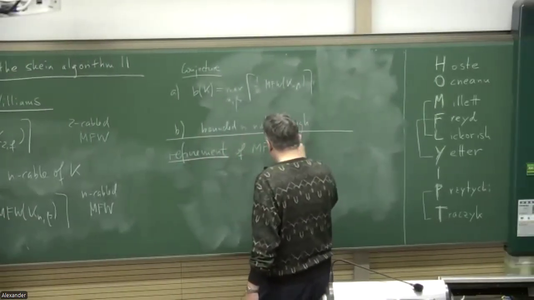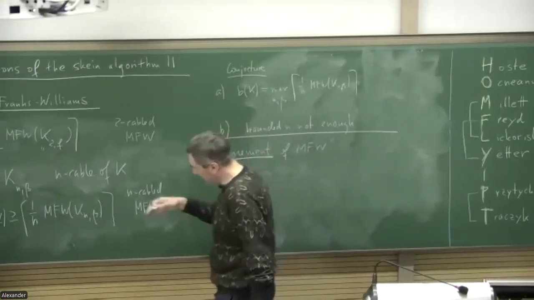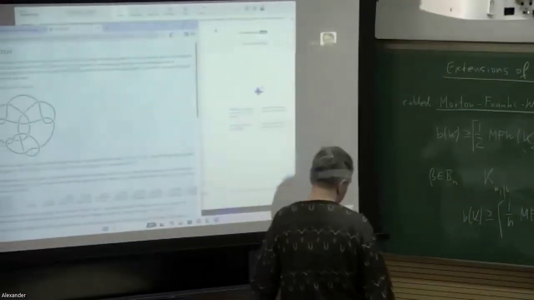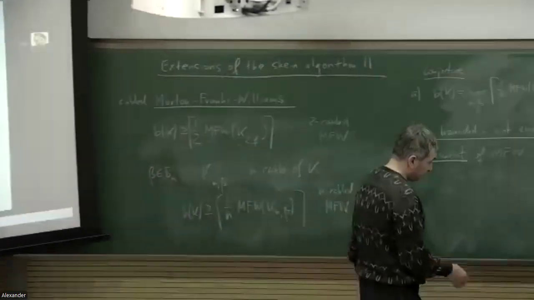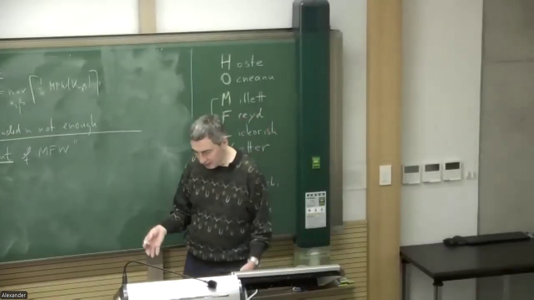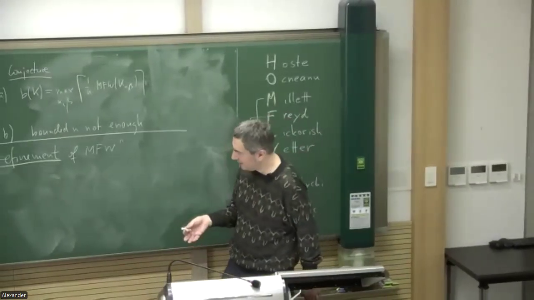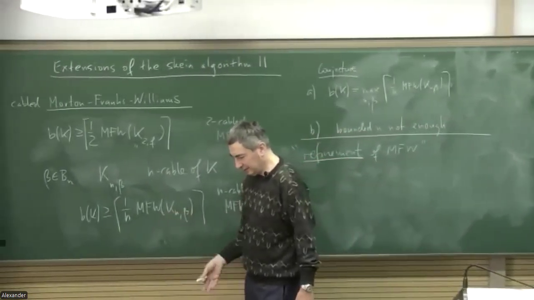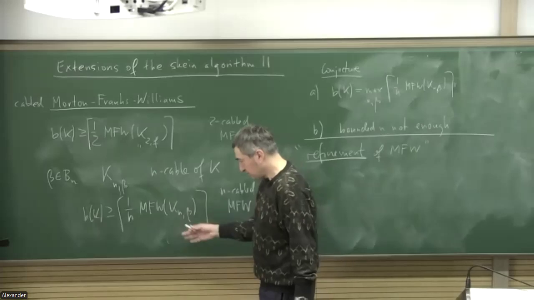It's not really a refinement, it is completely in their papers, but it is kind of overlooked. And this becomes very important if you need to calculate the Morton-Franks-Williams bound in some very complicated cable.